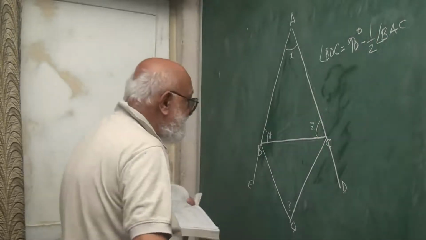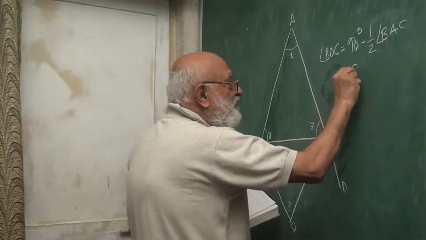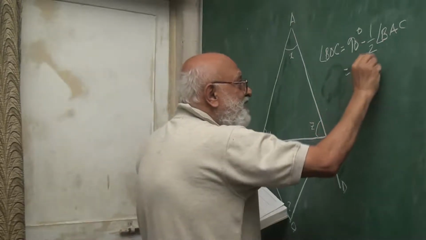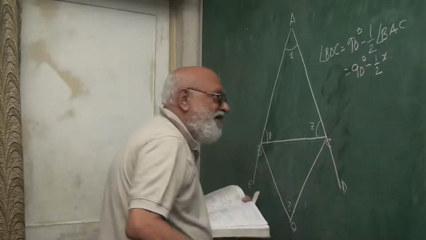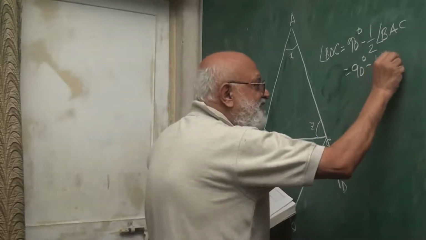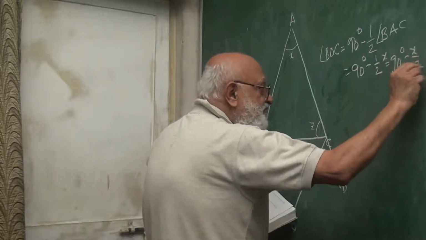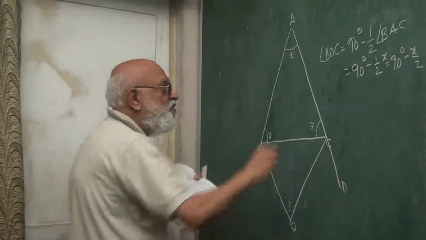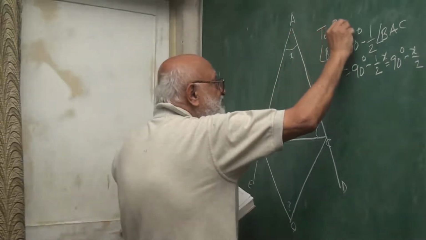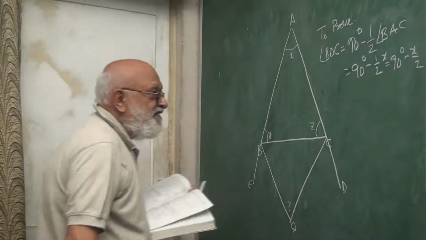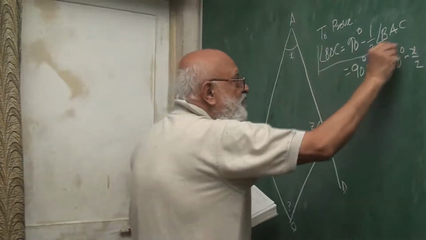What is BAC? It is X. So I can write 90 degrees minus half of X, or you can write it a little bit fancy as 90 degrees minus X by 2. This we have to prove, as given in the book.